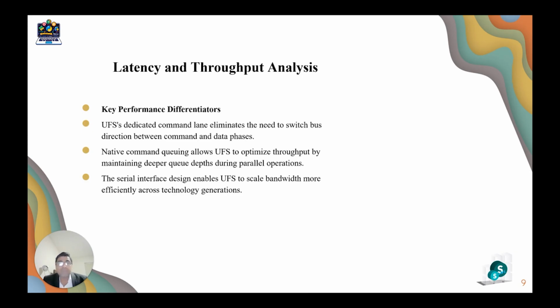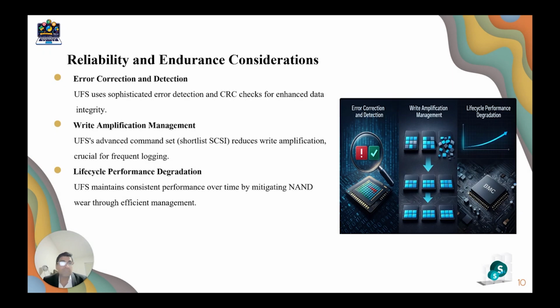The throughput is very high because you can go almost to 32 queues, and the queues go very deep, so you can have all these queues running in parallel. And with the serial interface design of UFS, they scale bandwidth more efficiently across the technologies.